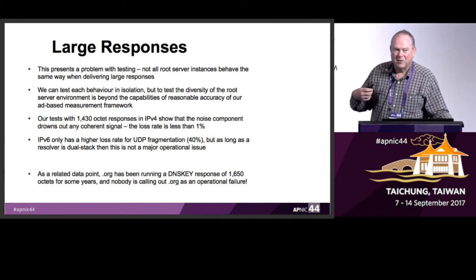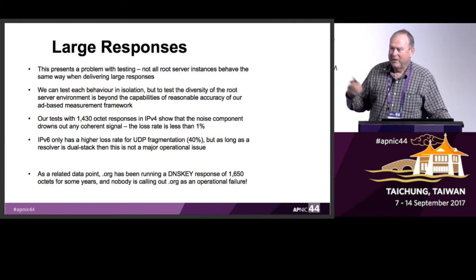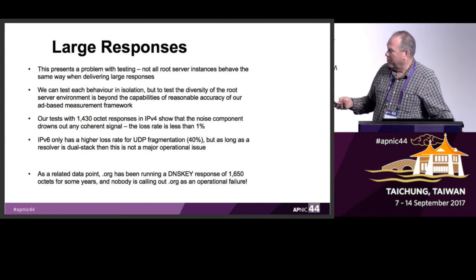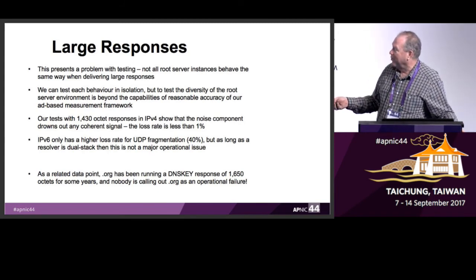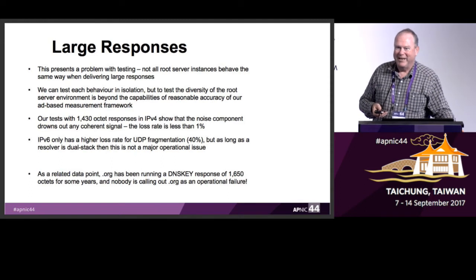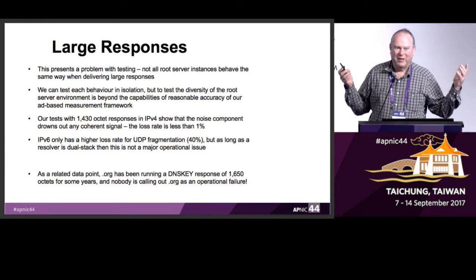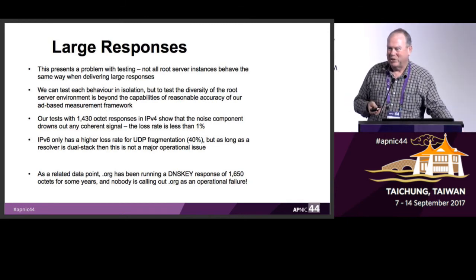So what saves us today and what makes this rollover work today? v4 is around. And because v4 is around and there are no v6-only resolvers as far as I can see, no one's in that bucket. If they don't get an answer, they'll try v4, and it will just work. And more to the point, there are some folk, I don't know whether it's deliberate or not, who have been testing this out for years, because the .org domain has a DNSKEY response of 1,650 octets, and I have yet to meet anyone or hear of anyone complaining that .org is not a domain that exists when you do validation.